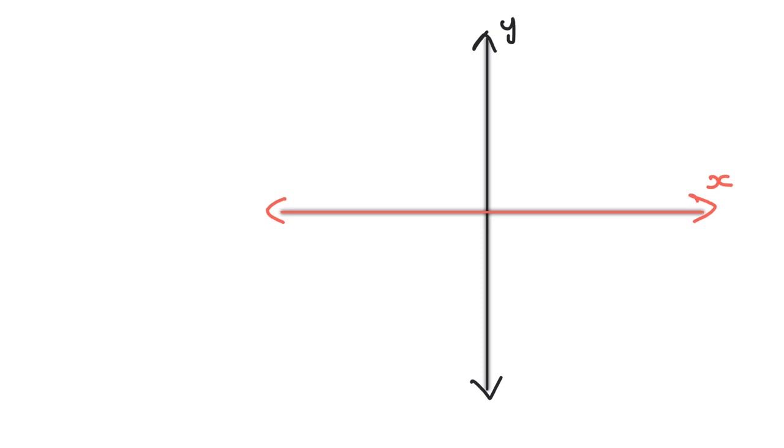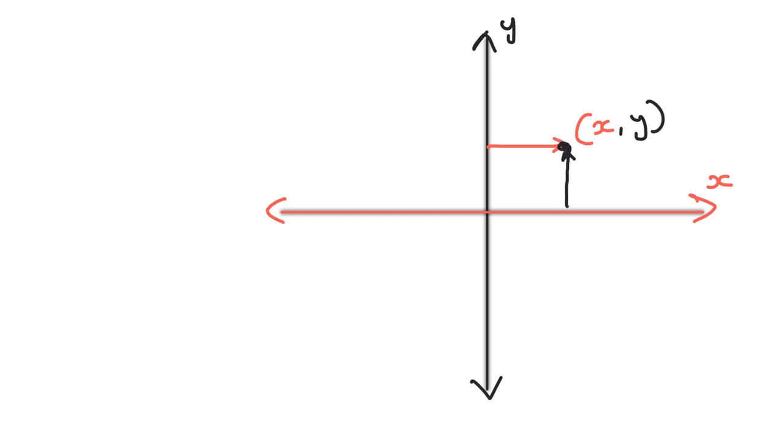For example, if we have a point somewhere here, the distance from the y-axis is called the x-coordinate. It is also called the abscissa. And the distance from the x-axis is the y-coordinate, which is called the ordinate.